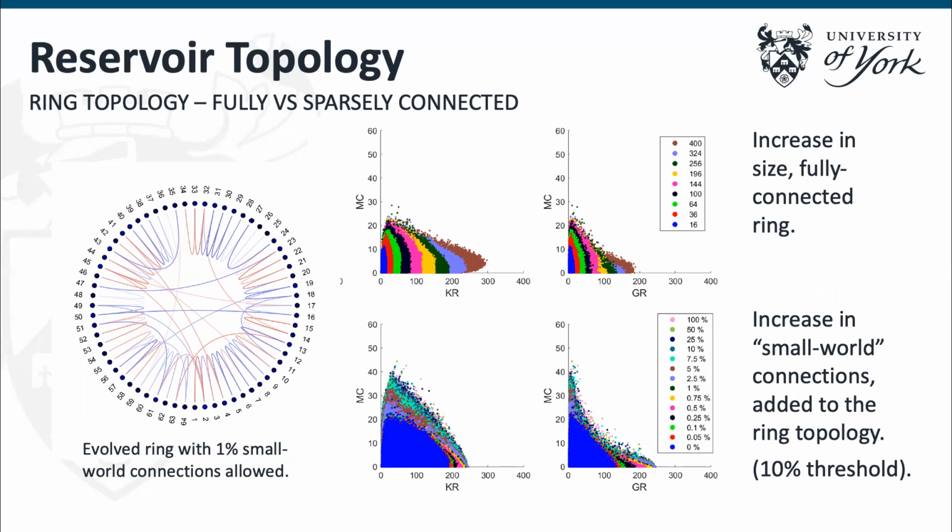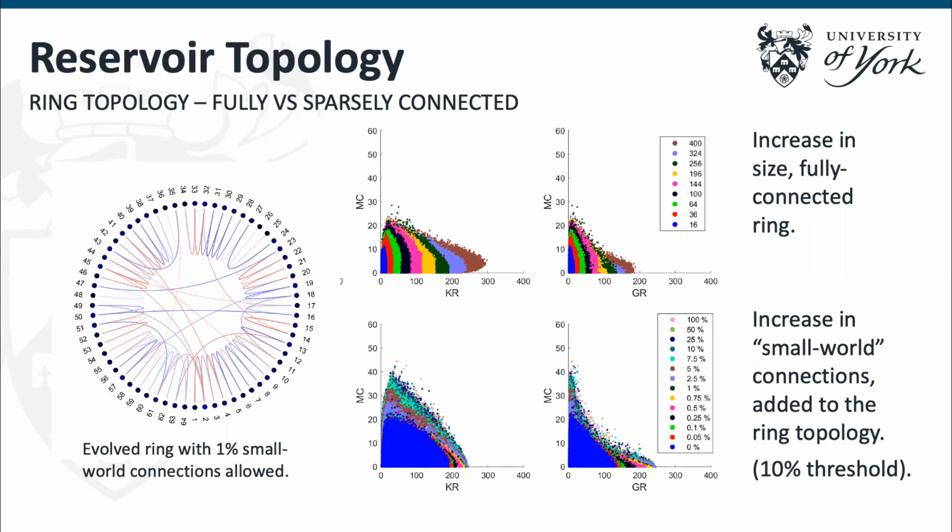What we see here is that the top shows you if you don't add these connections, so just a pure ring, and you increase the number of nodes, it fills the space more and more, so the computational ability goes up. If you now start to add more and more of these small world connections, there is actually a threshold of about 10% of the number of nodes, and if you go above that, you don't get any further gains.